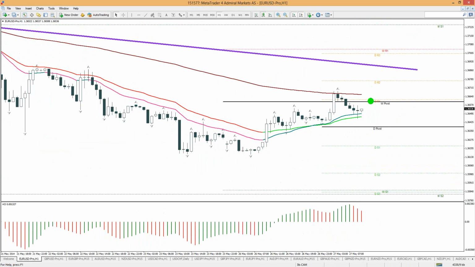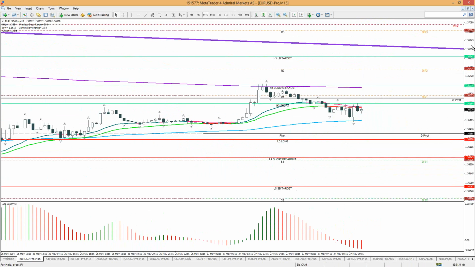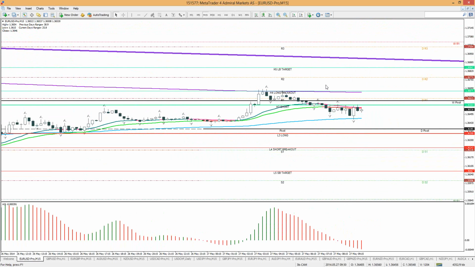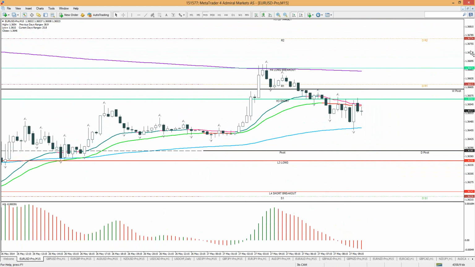If we do break to the upside and break the weekly again and the daily R1, then probably up to 137 is a reasonable estimation of what we could expect, because there we have some pivot point confluence. Let's see how that matches up with the Camarilla. H5 a bit lower at 136.85. Okay, that is below those pivot points. Alrighty.